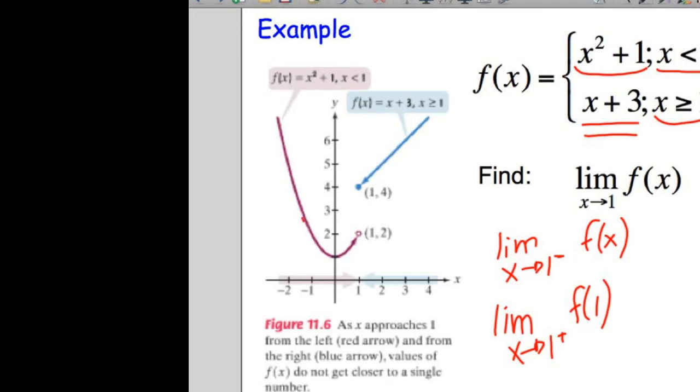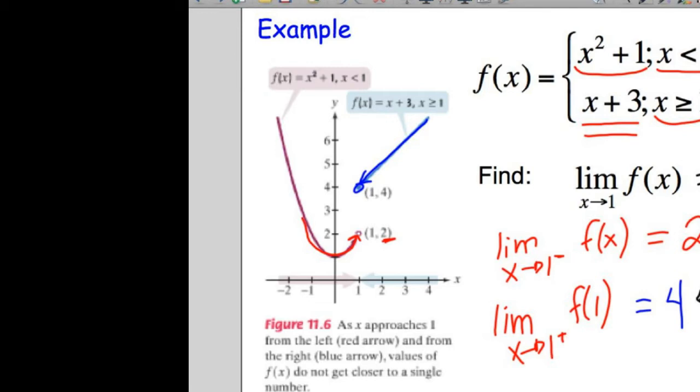So from the left, as we get closer to 1, we see that our function is turning into 2. From the right, as we get closer to 1, we see that it is at the 4. So because these two values are different, we would give an answer that it does not exist because the values are different.